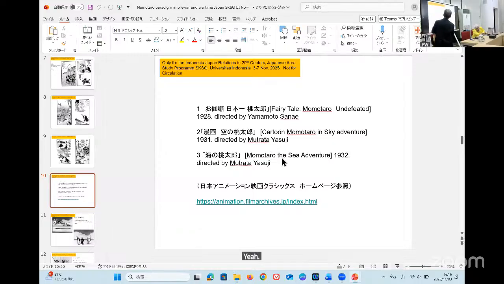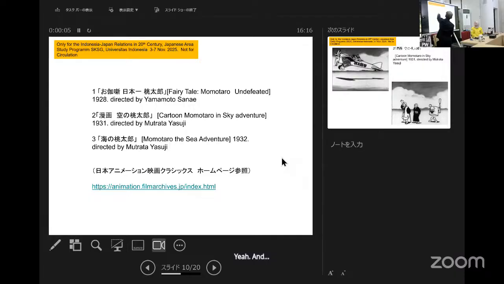Firstly, the original edition of the traditional Japanese folktale of Momotaro stories. And secondly, Momotaro in Sky Adventure, an attack to defeat the evil rogue eagle, somewhere in the South Sea, I think.